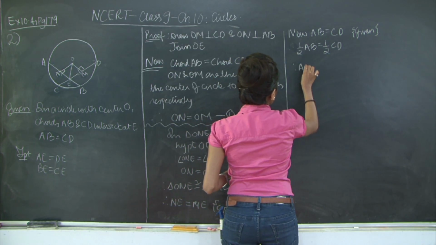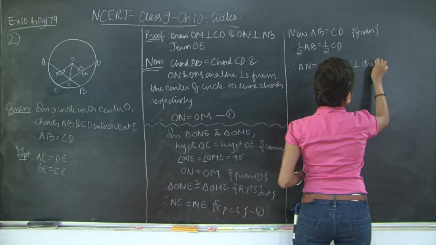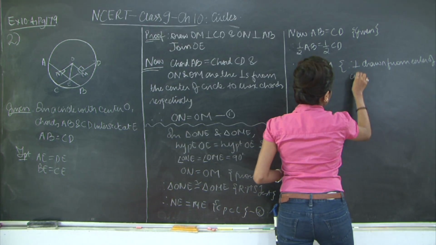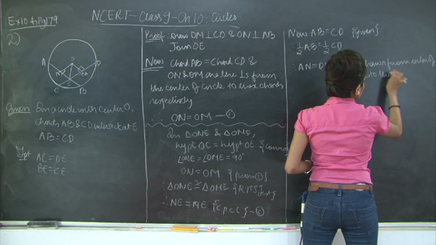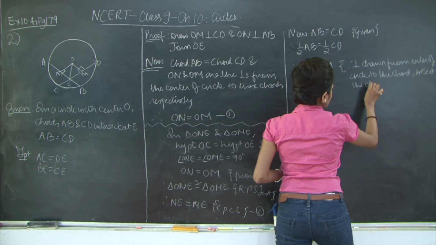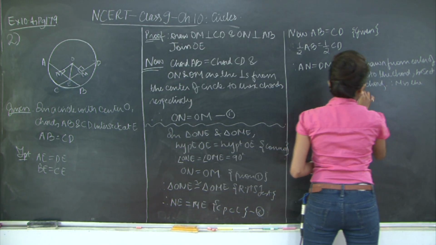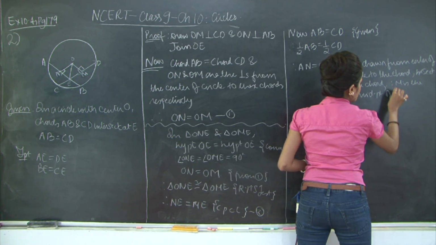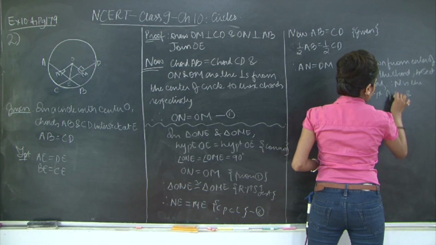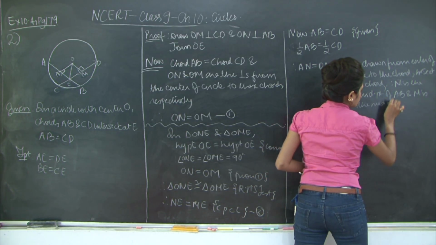Since perpendiculars drawn from the center of the circle to the chord bisect the chord, therefore, you have N is the midpoint of AB and M is the midpoint of CD.